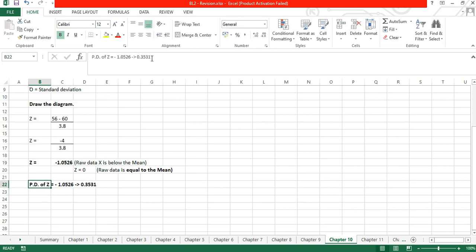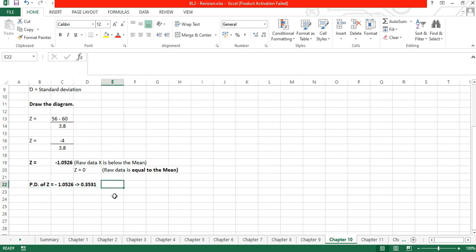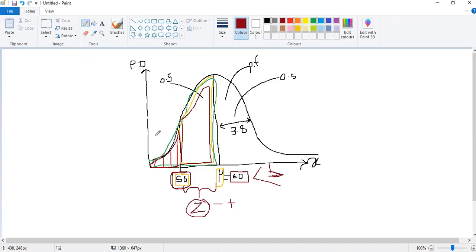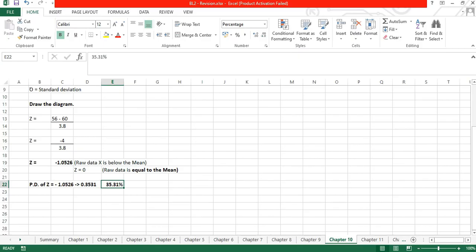This 0.3531 means what? It can also be written in percentage terms as 35.31 percentage. Now which area does it represent in this curve? This 35.31 percentage, we found the gap between 56 raw data and 60 mean.